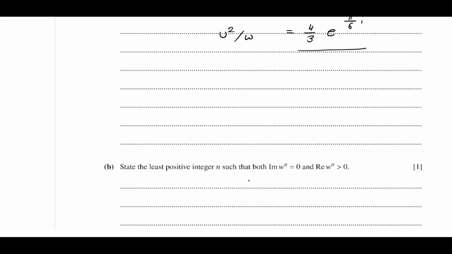Now the next part: state the positive integer n such that both the imaginary part of w^n and the real part of w^n are greater than 0.